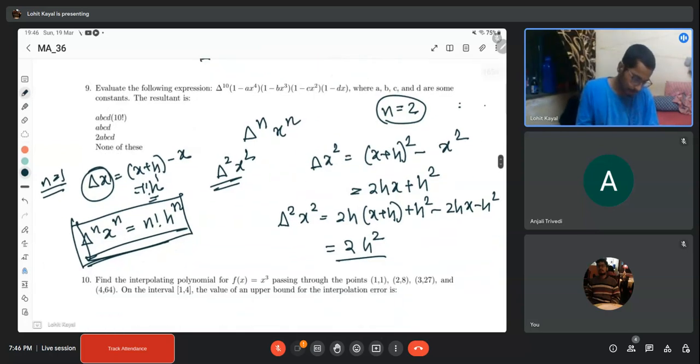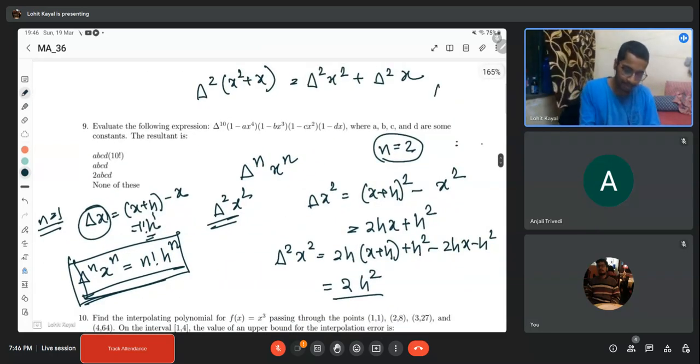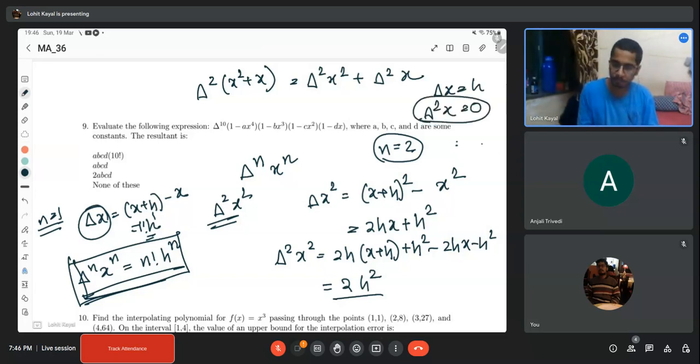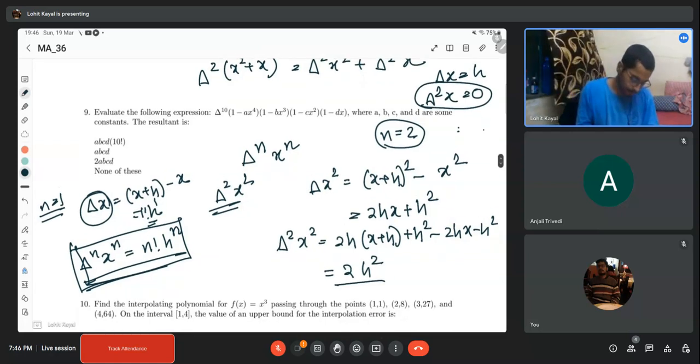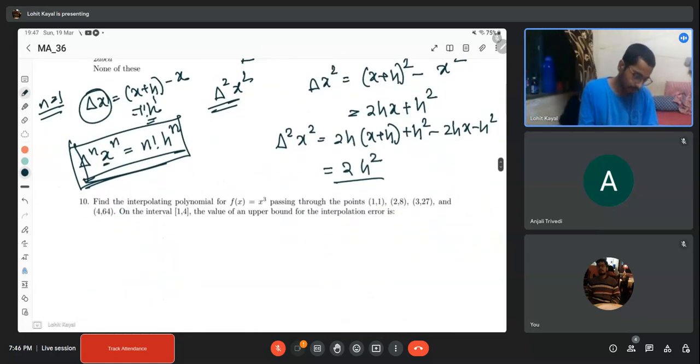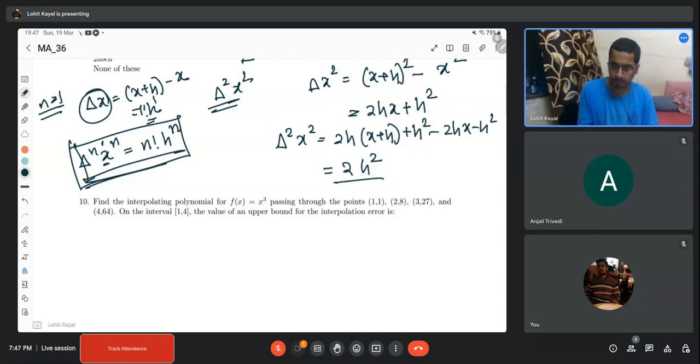Now we have already found that delta of x equal to h, which is a constant. So delta square of x is what? Delta square of x is 0, right? So if I have a term whose order is less than n, that term will automatically be 0, right?